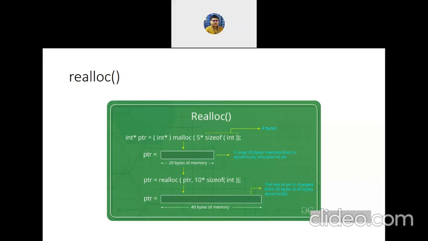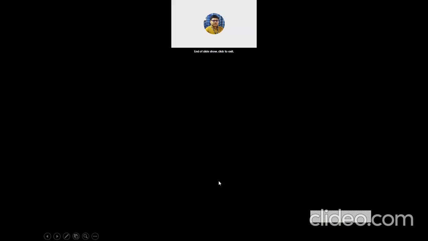Which pointer? The pointer that stores the address of already allocated memory done by the malloc or calloc function. And what is the second parameter? The second parameter is the total amount of bytes.